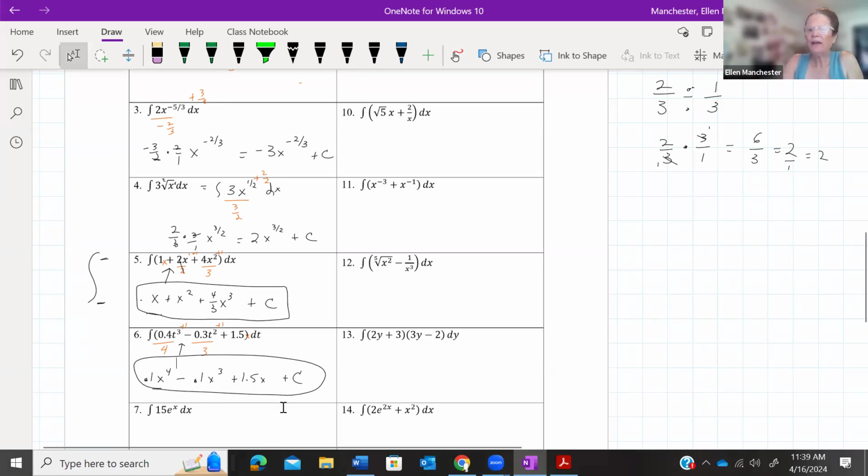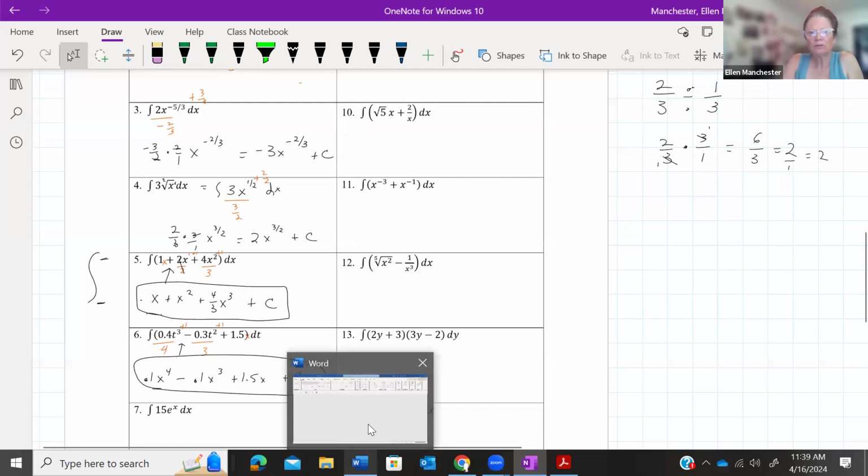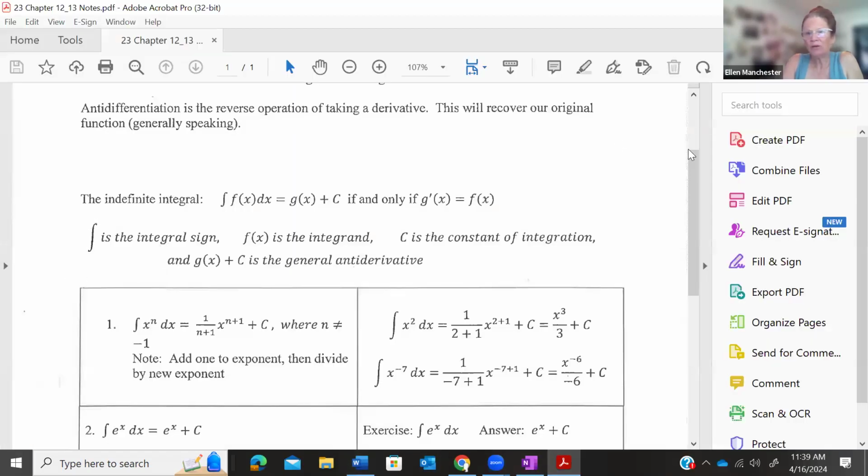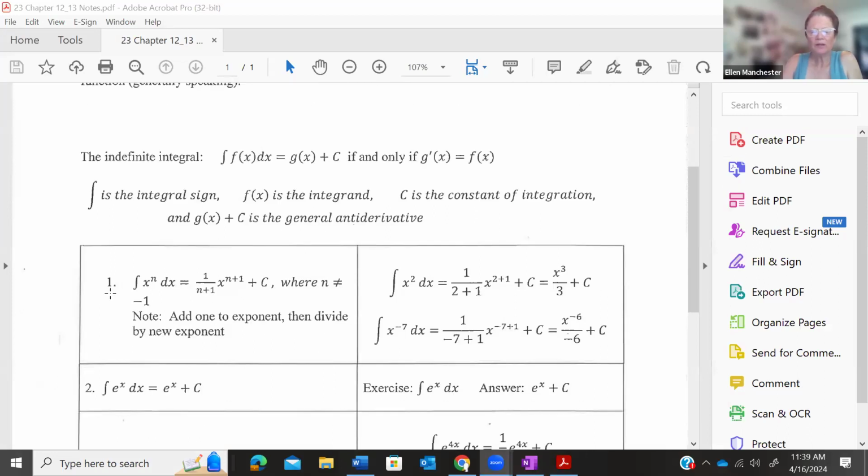All right, so now we have some special functions. Let me take it back to our rules. Okay, so we just did this one. Now we're going to take a look at e to the x. Well, e to the x is our special one, but it's actually quite easy because remember the derivative of e to the x is e to the x, right?